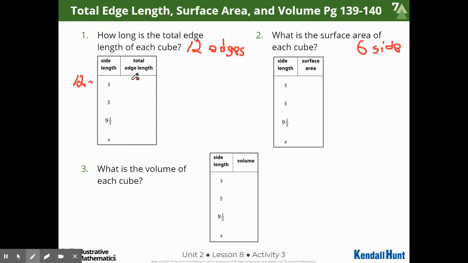So we come up with 36. If we were trying to figure this out with an equation, it'd just be S times 12.